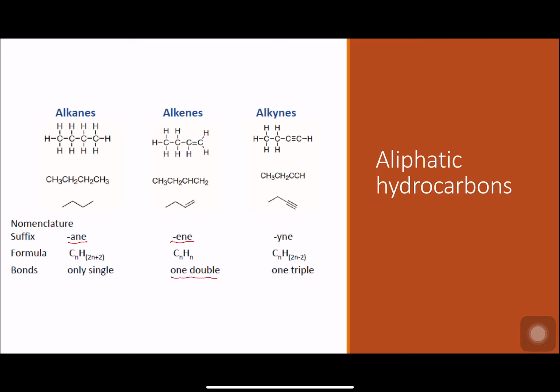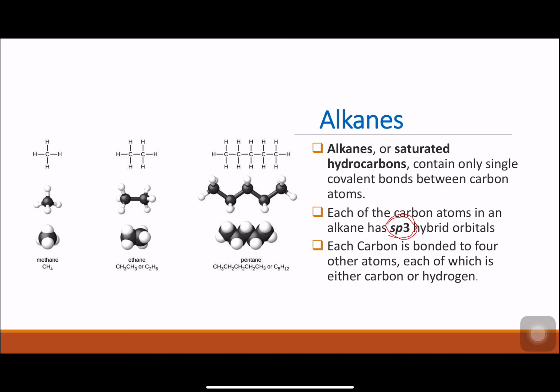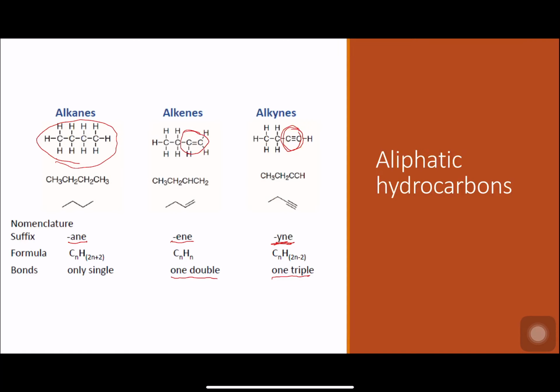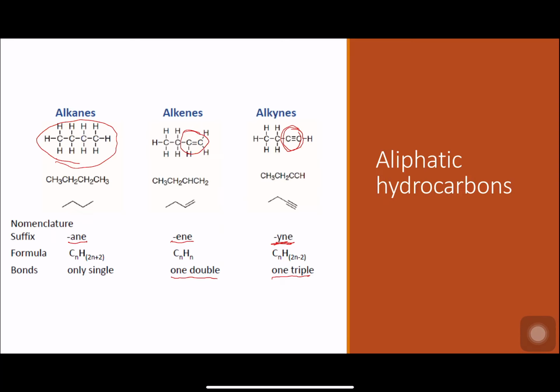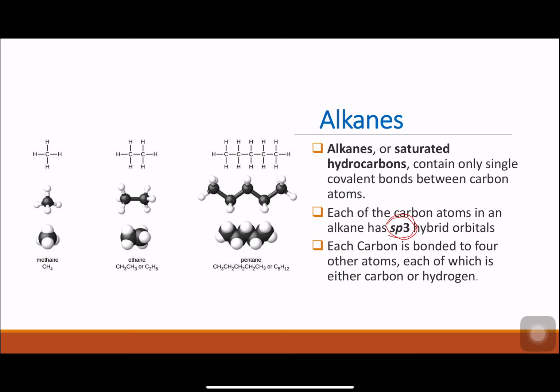Don't worry much if you don't remember the different hybridizations, because I will post another video about hybridization. You can watch that video to remember about the different hybridizations. All carbon atoms in alkanes are sp3.